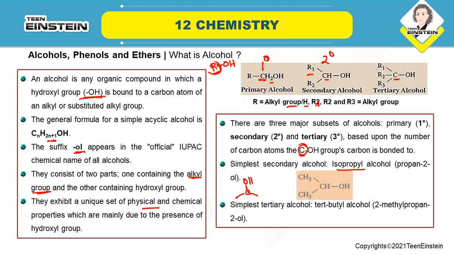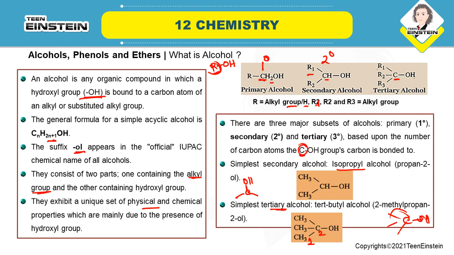So the isopropyl alcohol is this structure, and the simplest tertiary alcohol possible is 2-methylpropan-2-ol, because now the carbon with which OH is attached is connected to 3 more carbons, that means a minimum of 4 carbons must be present. That is why the simplest example for a 3 degree alcohol is tertiary butyl alcohol or 2-methylpropan-2-ol. Why is it so?